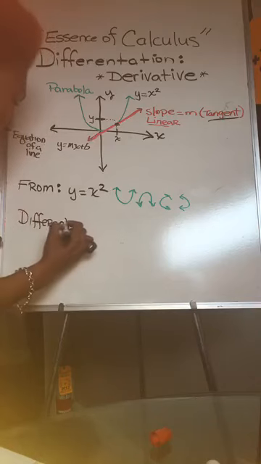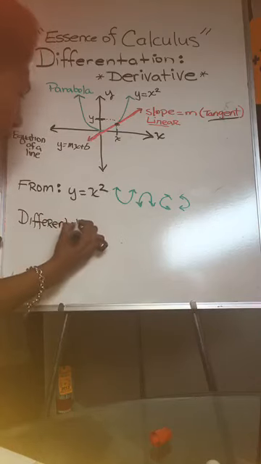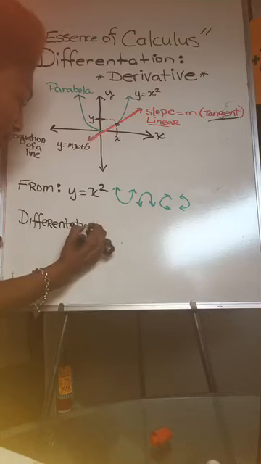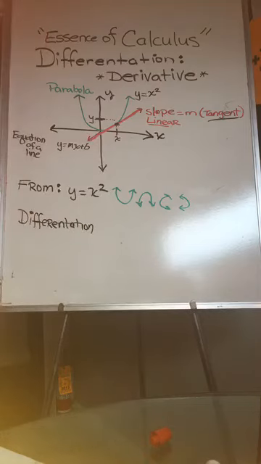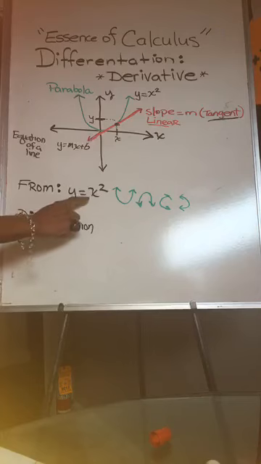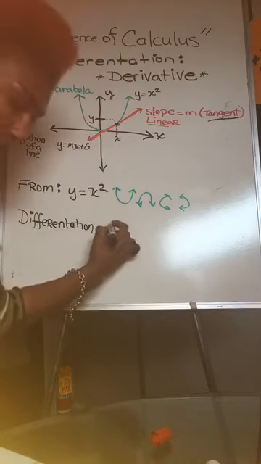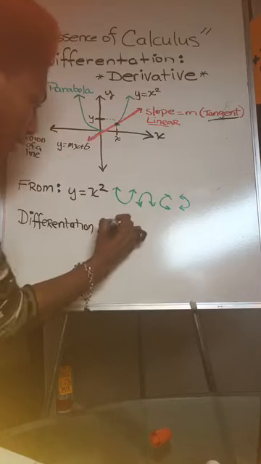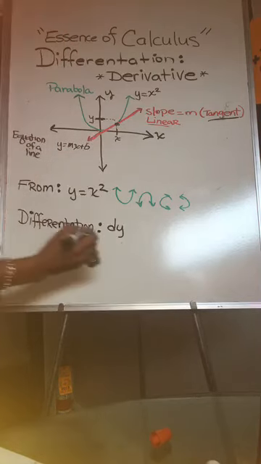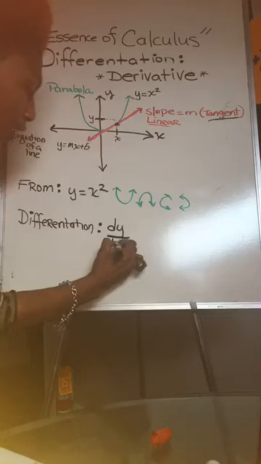Make sure I spell this right, differentiation. Okay? So, when we write a differentiation or a derivative, we're going to take the derivative of this function. So that is written as dy, the change in y divided by the change in x.